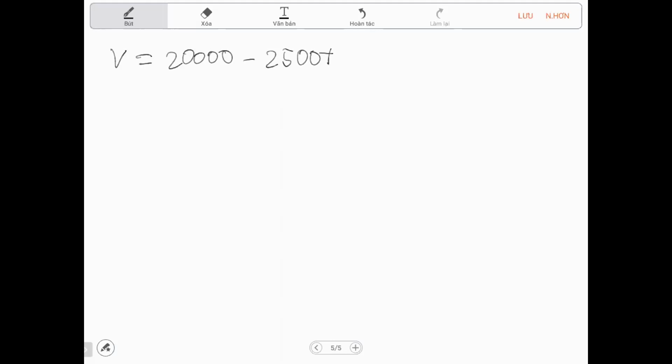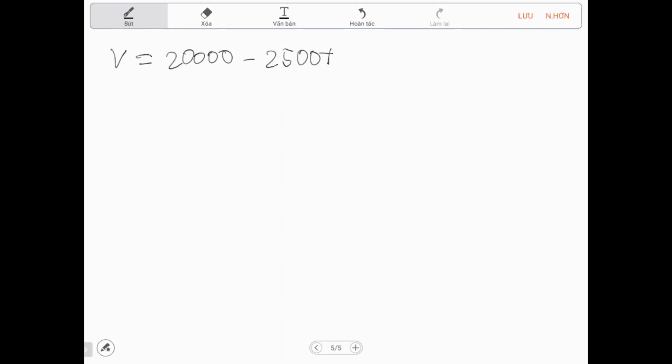So find the V and the T intercepts, right? As we did in question 1, you have to find x and y intercepts, but in this case we have different names. Don't worry, it's just the same thing, right?